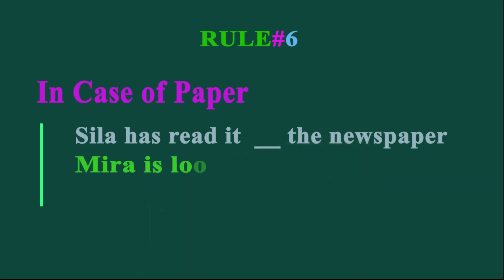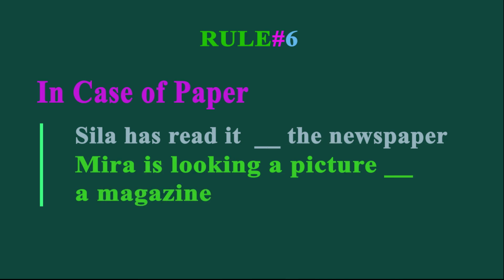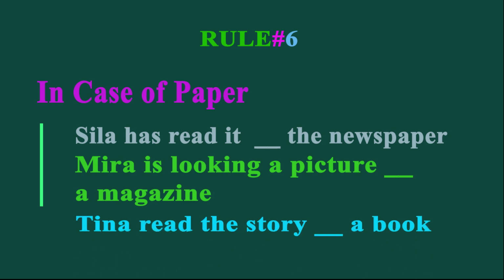Mira is looking at a picture dash a magazine. A magazine is a paper kind of thing. So we will use the preposition in. Mira is looking at a picture in a magazine. Tina read the story dash a book. Here a book is also a paper type. So Tina read the story in a book.